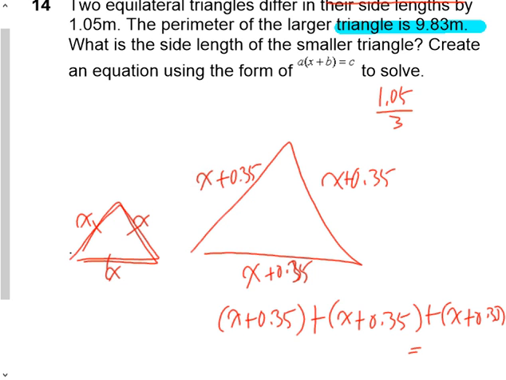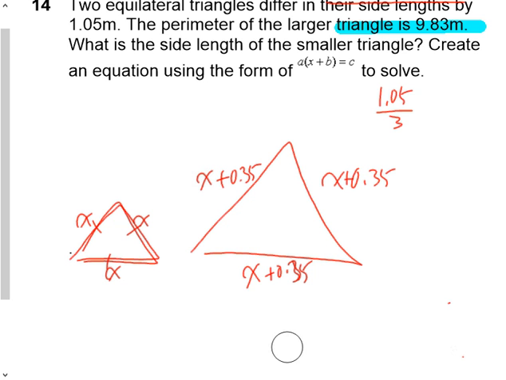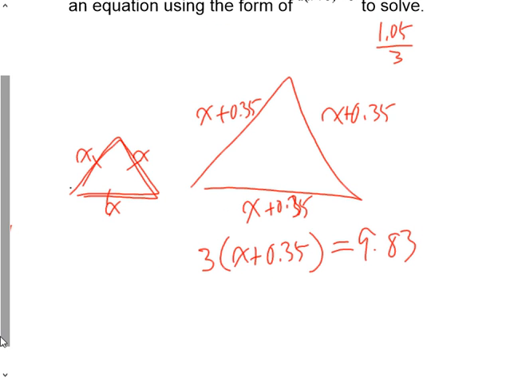equals 9.83. Or we could put on our big boy and big girl shoes and say that instead of repeated addition, we can say that three sides of this is equal to the perimeter of the larger triangle, which is 9.83. If we expand that, we'd get 3x plus 1.05 equals 9.83.